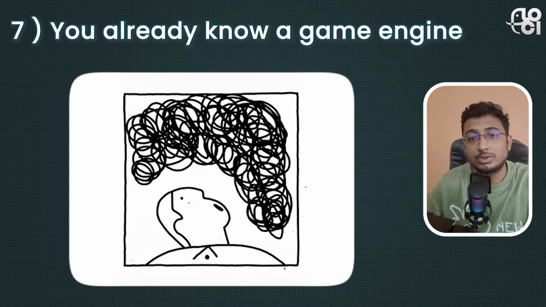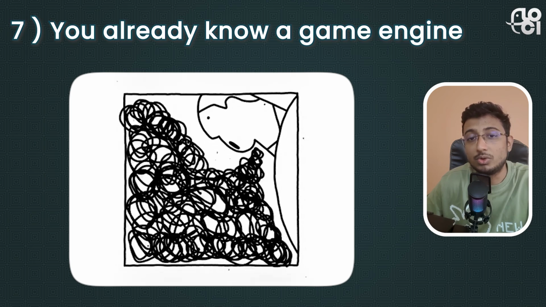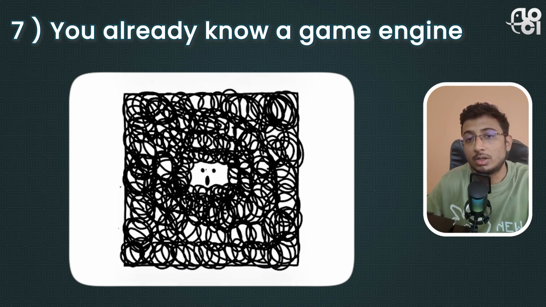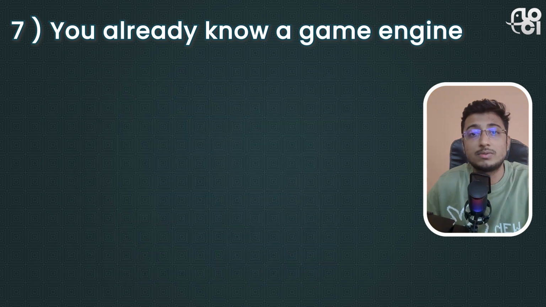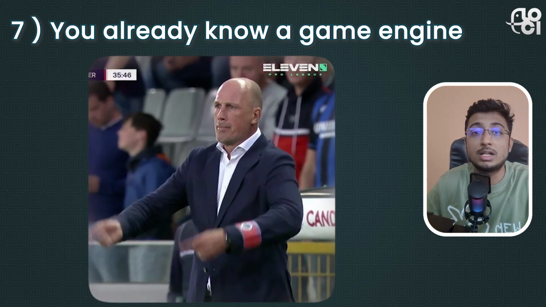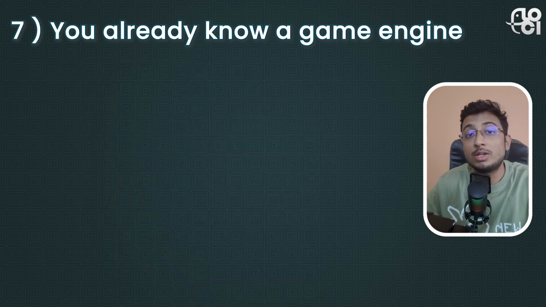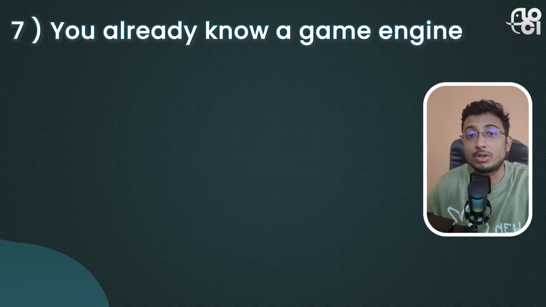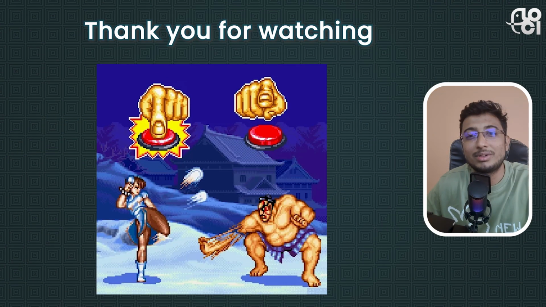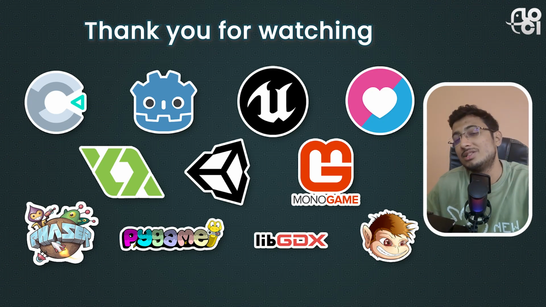Don't let others decide what is the perfect tool for you or not. You don't need to learn a whole new engine just because a YouTuber said so. So after watching this video, if you choose a game engine, then continue with it, and you will know when to change the engine when you have a good level of knowledge about game production. Until then, keep learning about making games regardless of what engine you use.